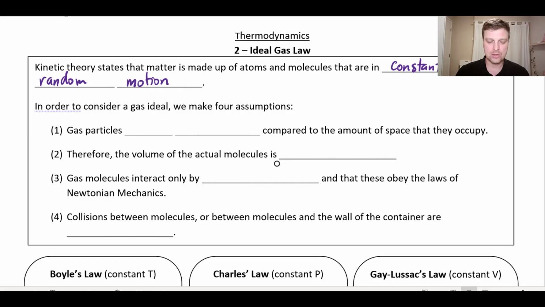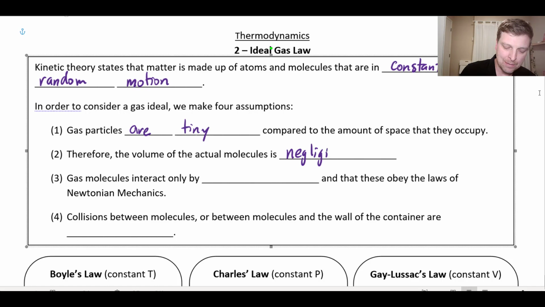So for the first two assumptions that we're going to make, we know really that gas particles are tiny compared to the amount of space that they occupy. And because the particles are so small relative to the space they're in, the volume occupied by the particle itself is negligible. Now, what does that mean?